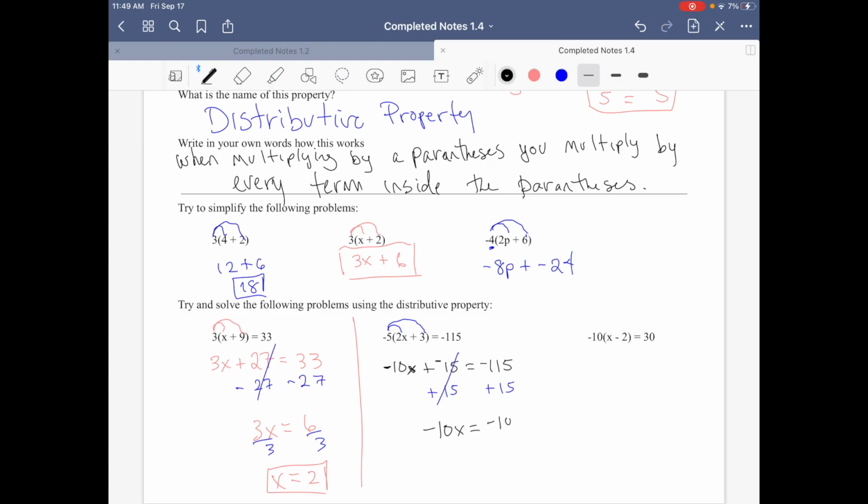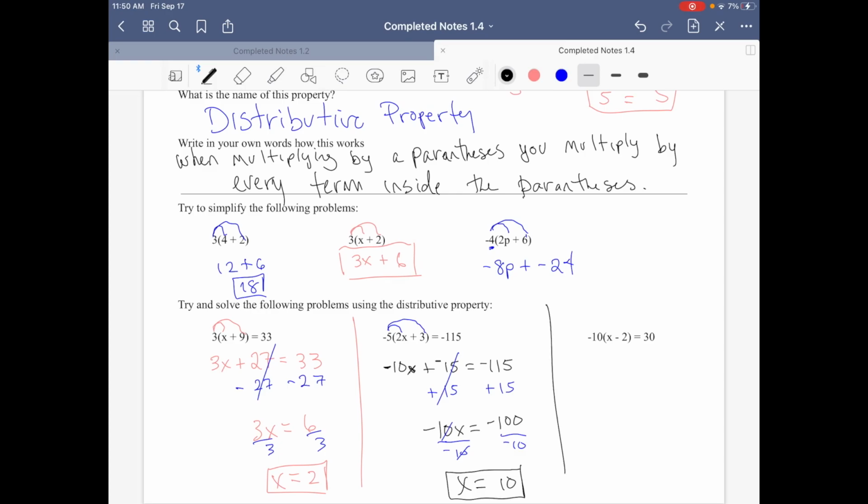So negative 115 plus 15 is negative 100. Then we're going to divide both sides by negative 10. And we get x equals 10. Because 100 divided by 10 is 10, and a negative divided by a negative is a positive.